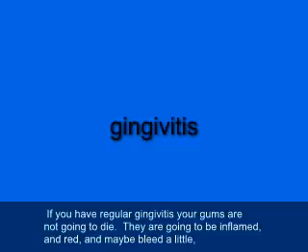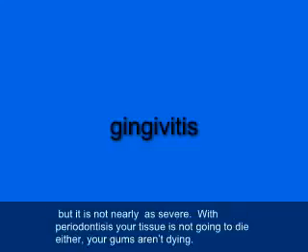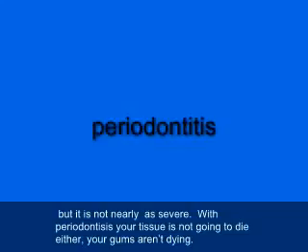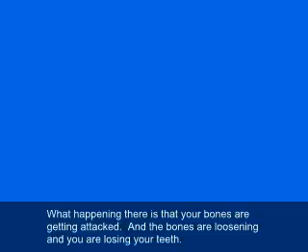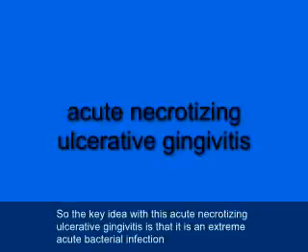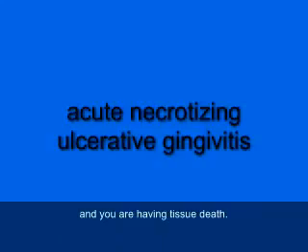They're going to be inflamed and red, maybe bleed a little, but it's not nearly as severe. With periodontitis, your tissue's not going to die either. Your gums aren't dying. What's happening there is your bones are getting attacked, and the bones are loosening, and you're losing your teeth. So the key idea with this acute necrotizing ulcerative gingivitis is it's an extreme acute bacterial infection and you're having tissue death.